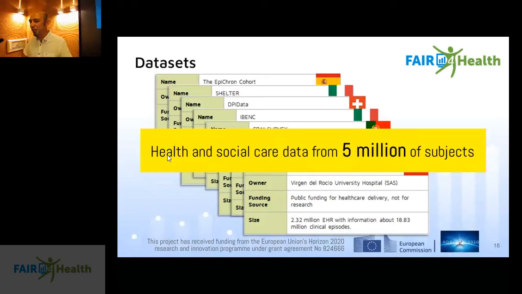One is Virgen del Rocío University Hospital, and the other one is the hospital in Geneva, another university hospital. In any case, the data sets coming from the healthcare environment are not supposed to have the same high level of quality as the ones for research. So we'll have to face that challenge during the project.